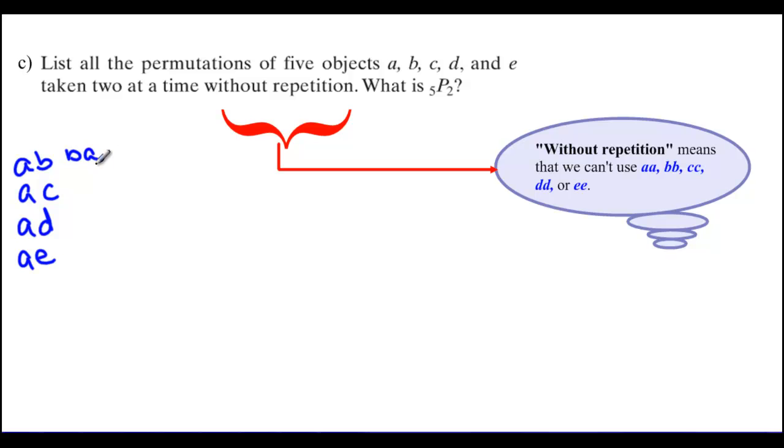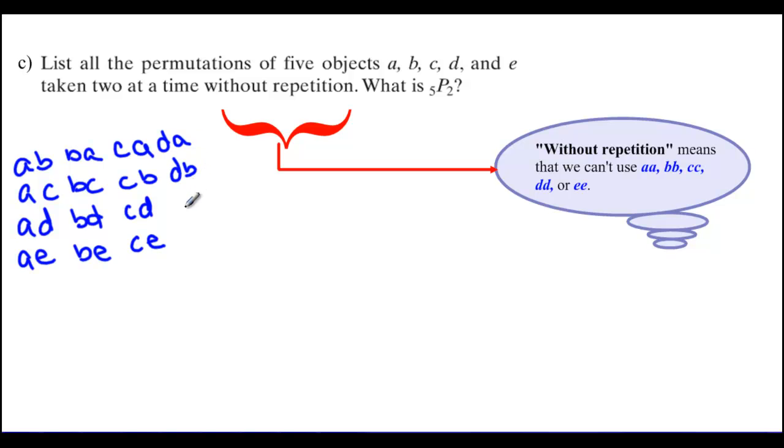So BA, BC, BD, BE, and CA, CB, CD, CE, and D with everything. So DA, DB, DC, DE, and EA, EB, EC, and ED.